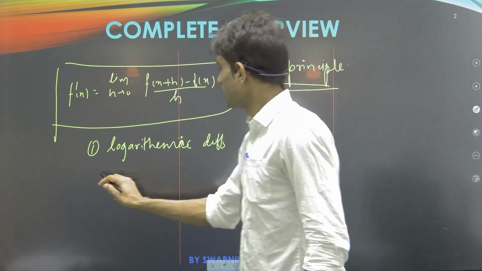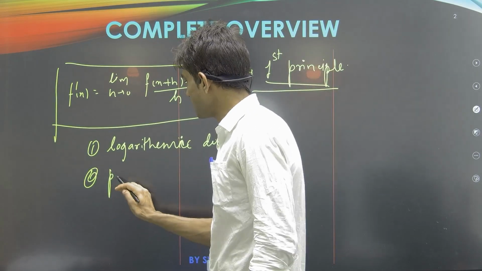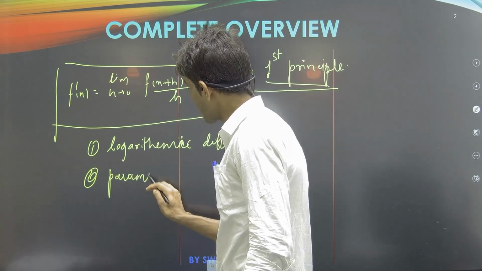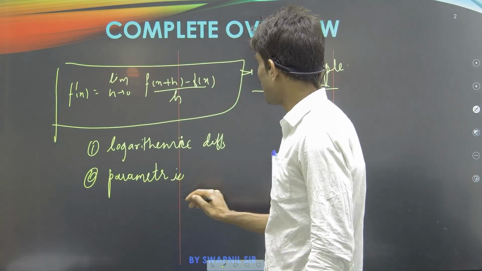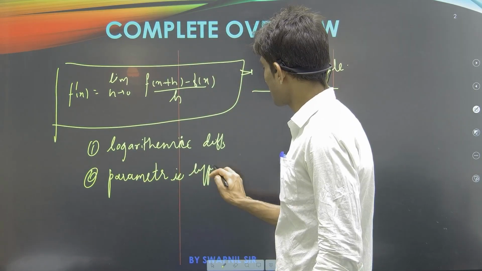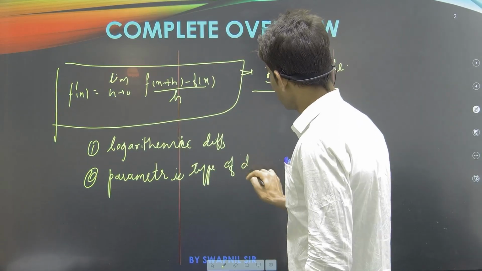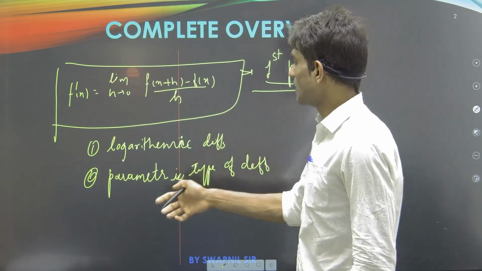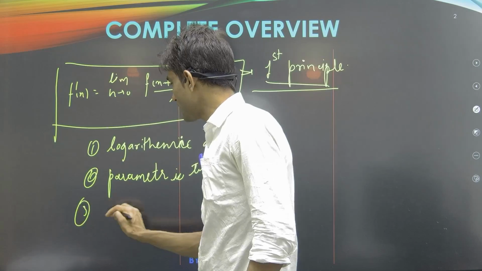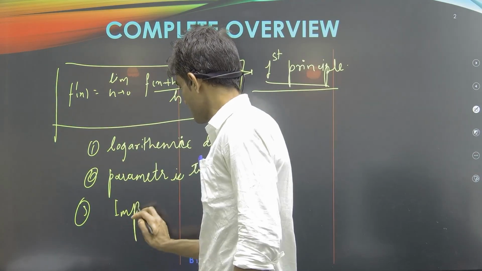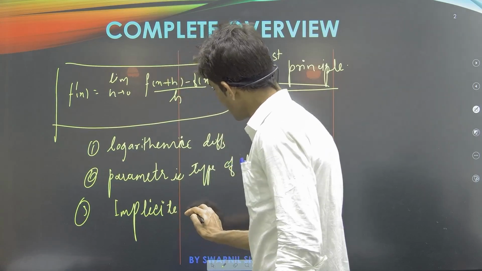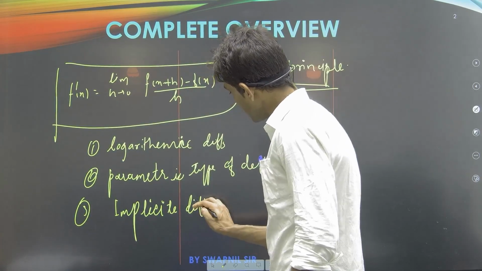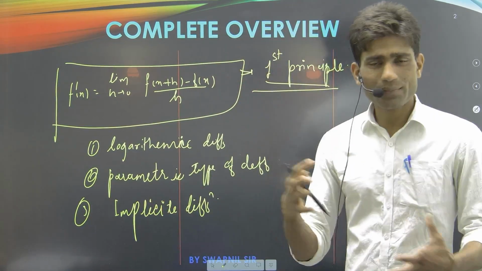After that, second, parametric differentiation. Then next, implicit differentiation. And there are many other types too.